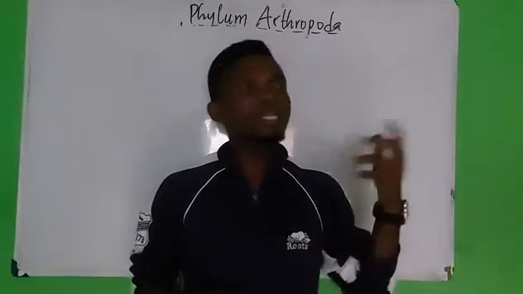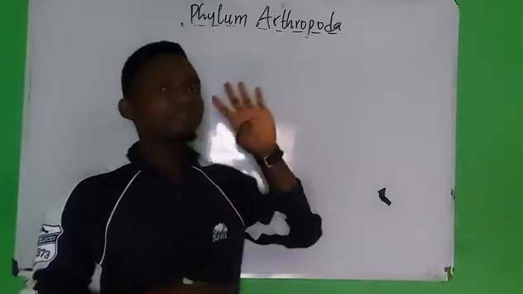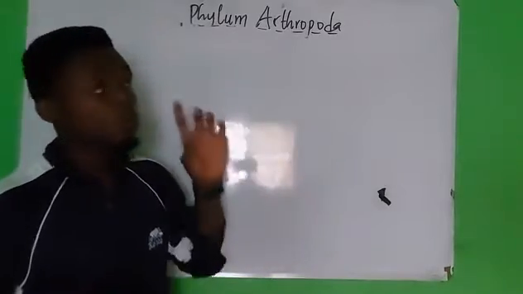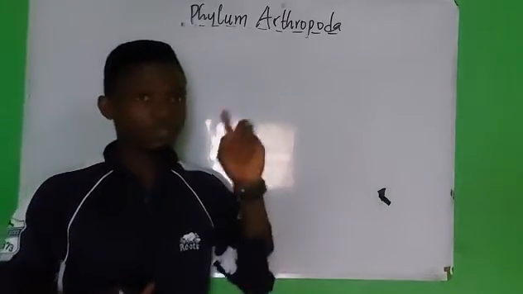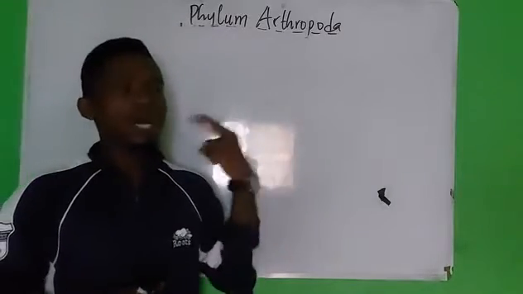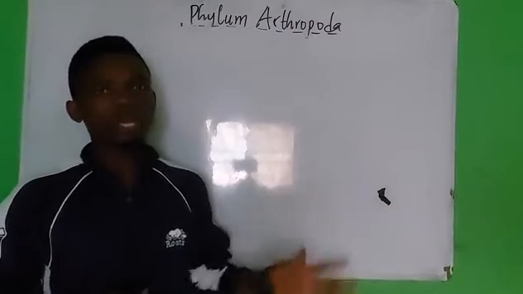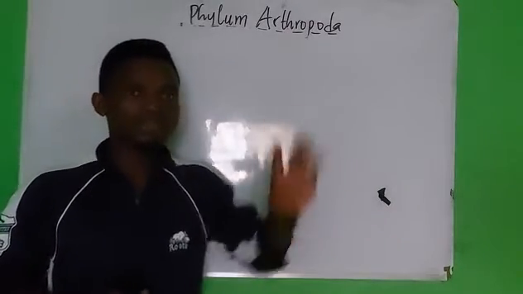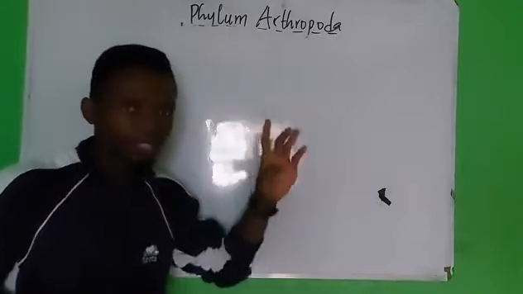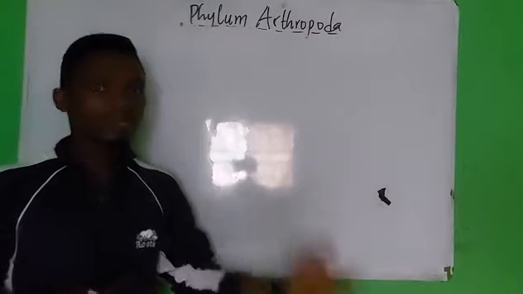There are so many. Then under Kingdom Fungi, we have about 4 divisions, all right? We have Zygomycota, Ascomycota, Basidiomycota, Deuteromycota, and Chytridiomycota. Yes, they are actually 5 divisions. We now have Kingdom Plantae, all right?